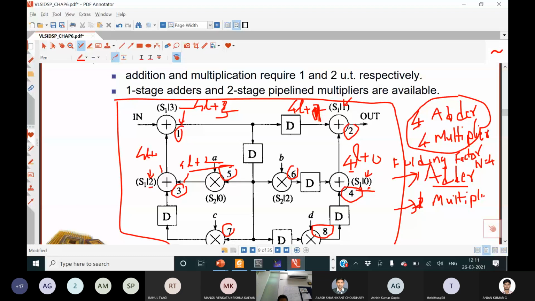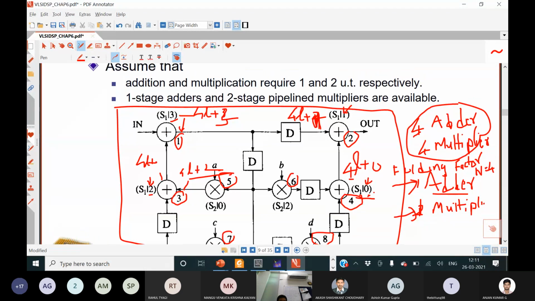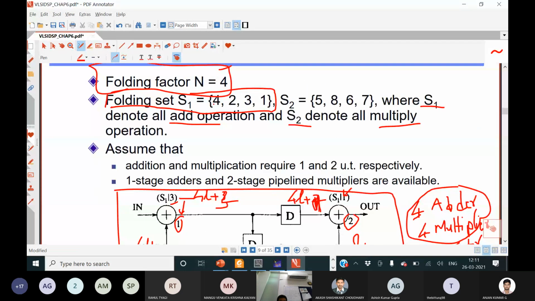Like this is U. This defines your instance, and that will be reflected in your folding set. See over here, 4 comes first, so you need to strictly follow the order. 4 comes first, this comes second, this third, and 1 comes fourth.